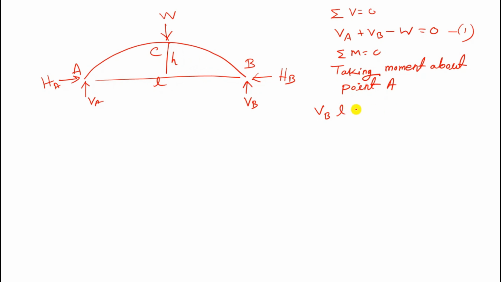VB multiplied by L, minus W into L by 2 equals to 0. So VB equals W by 2. From the equation 1, we can get VA is also W by 2. So VA equals W by 2 and VB is also equal to W by 2.